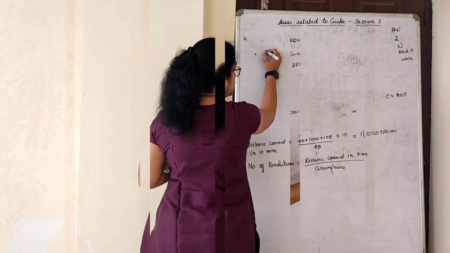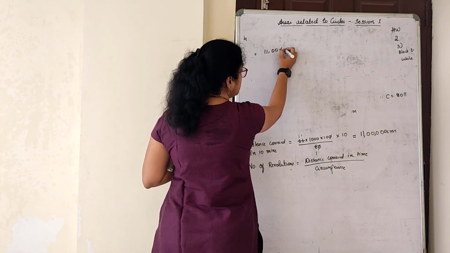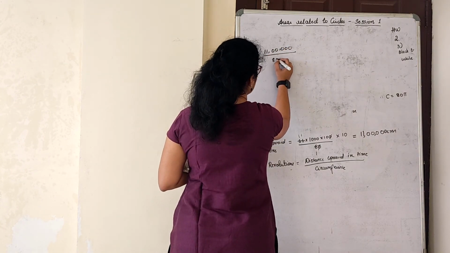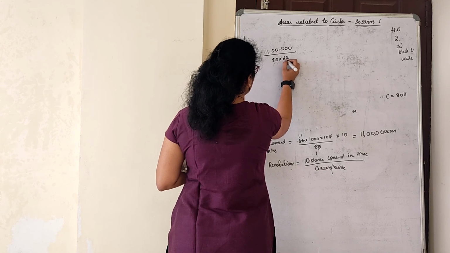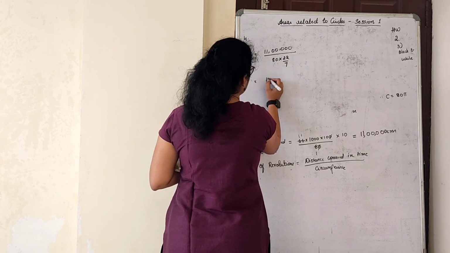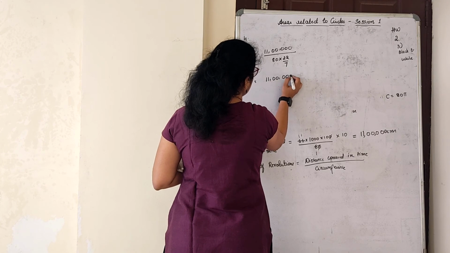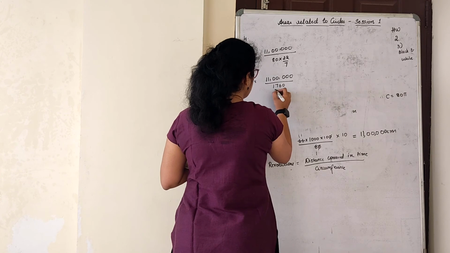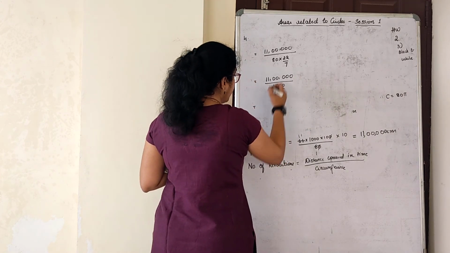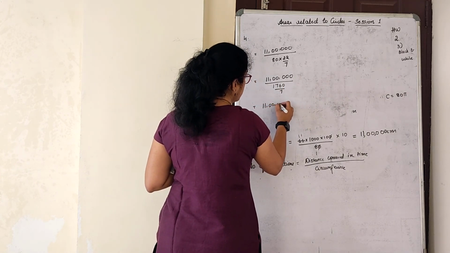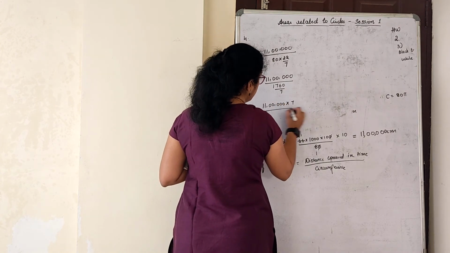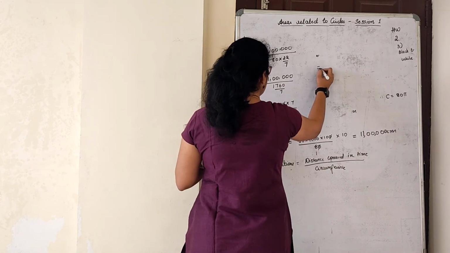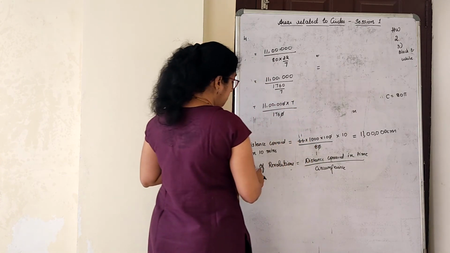This you will get 2, 3, 4, 5 divided by 80 pi. So this is 80 into 22 by 7. Calculate this. 2, 3, 4, 5 divided by this, you will get 1760 by 7. Take reciprocal, into 7 upon 1760. Do the further calculations, the division part, and you will get the number of revolutions.